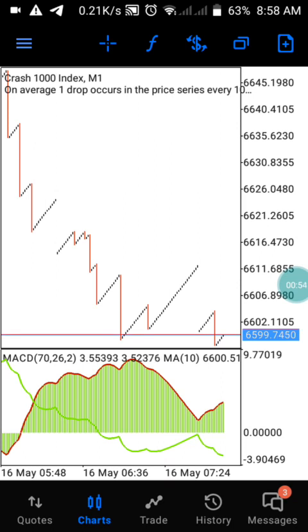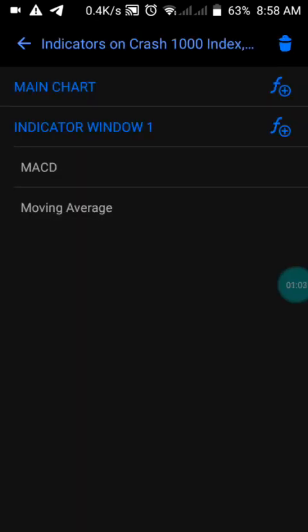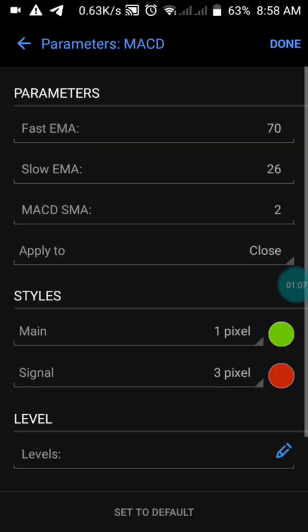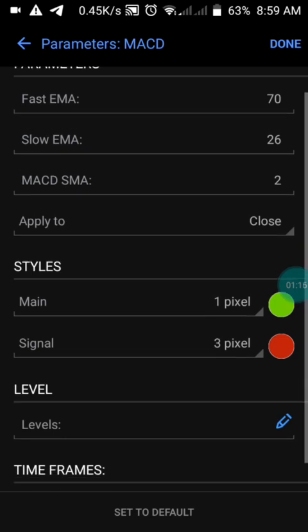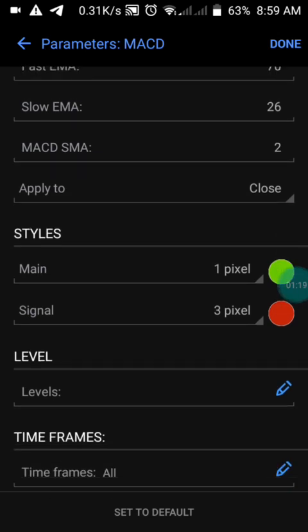So this is crash 1000. Let me show you the settings of this strategy before I show you how it really works. We only have two indicators here. We have the MACD, with the fast EMA on 70, the slow EMA of 26, and the MACD SMA of 2, then apply to close, with the main color green and the signal color red.